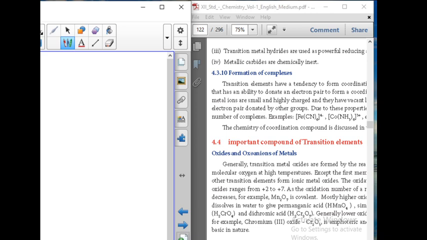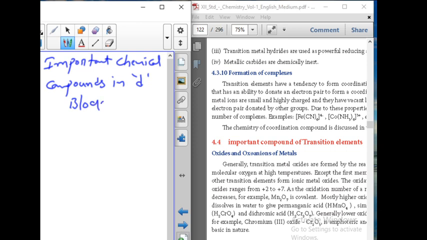Further, we have to discuss some important chemical compounds in D block. We are going to discuss only two important chemical compounds, that is KMnO4 and K2Cr2O7.